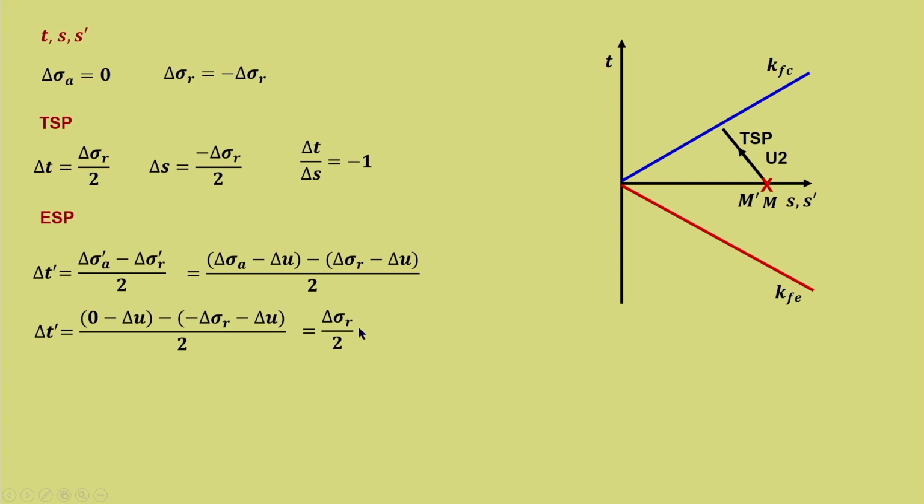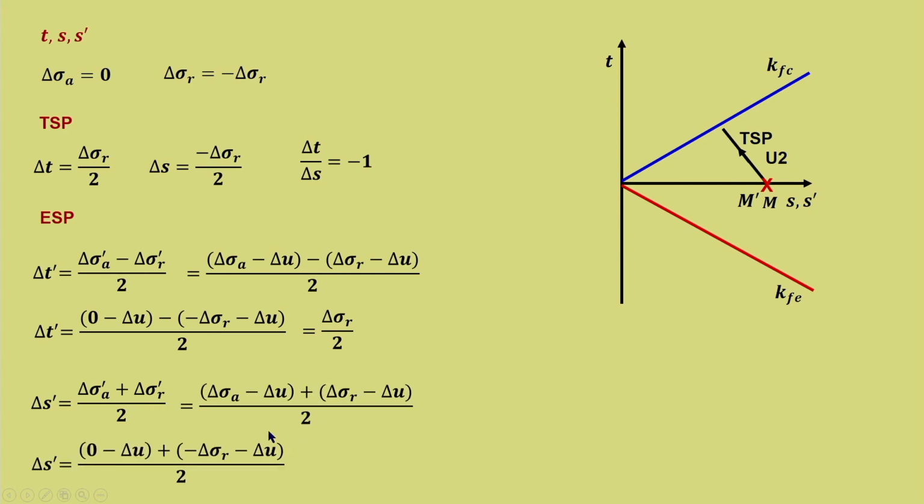So, delta t' is equal to delta sigma R by 2, and delta s' is equal to delta sigma A' plus delta sigma R' by 2. Substituting in terms of delta u, we have delta s' is equal to 0 minus delta u plus, that is minus delta sigma R minus delta u, by 2. So, that will give minus delta sigma R by 2 minus delta u. Substitute for delta u.